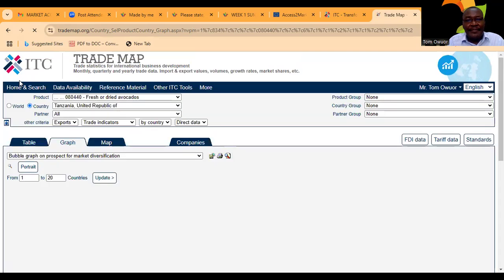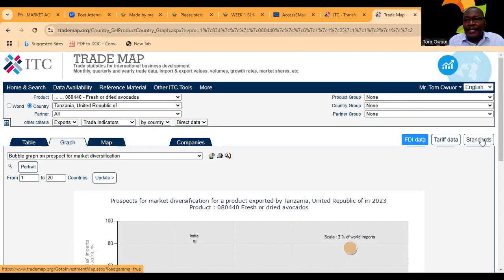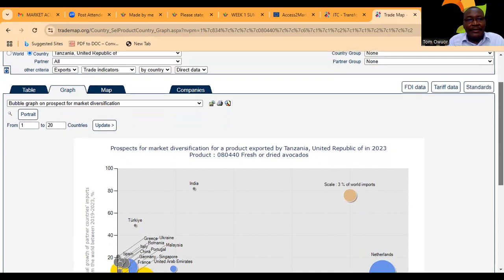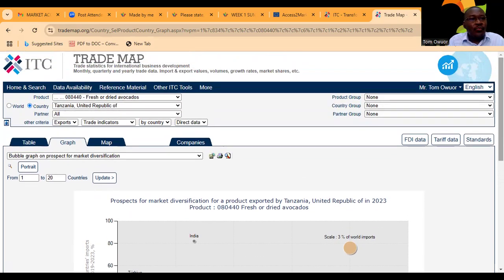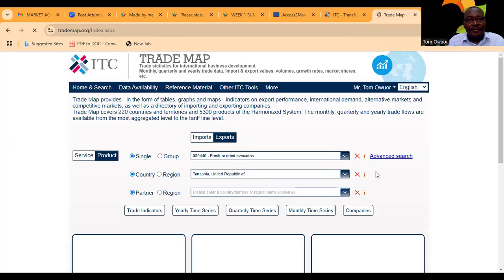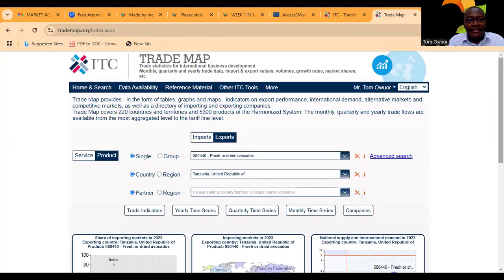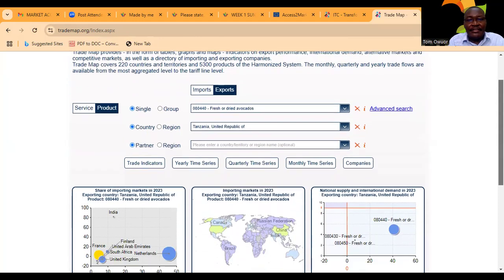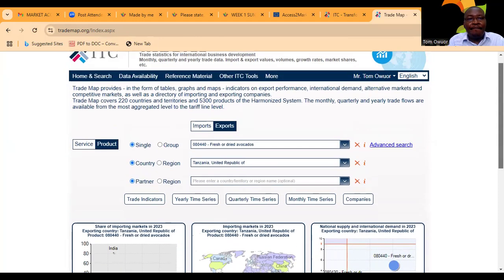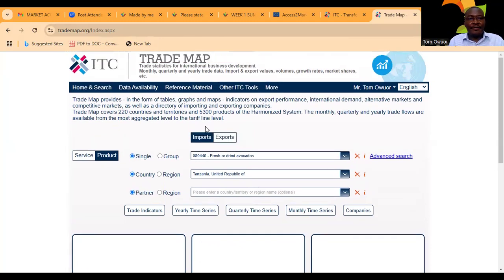Going back again, we want now to look at the trends for Tanzania for the export of avocados. So we are still in Tanzania.